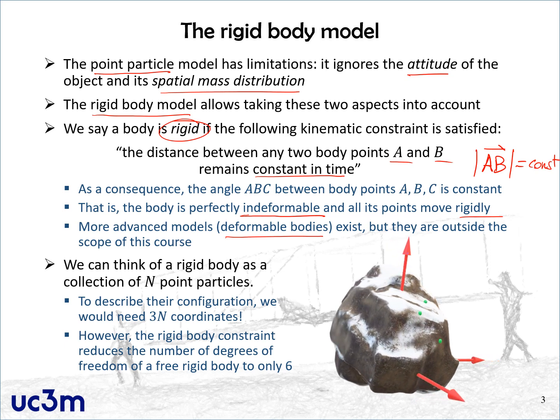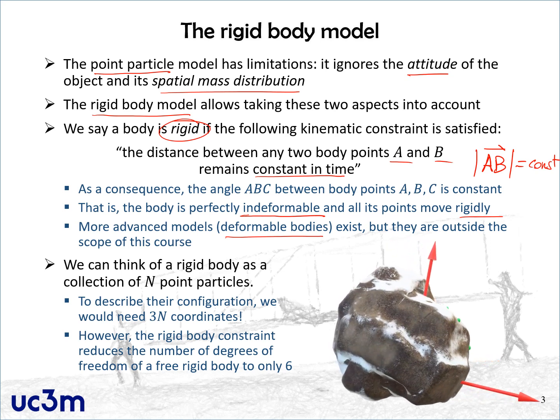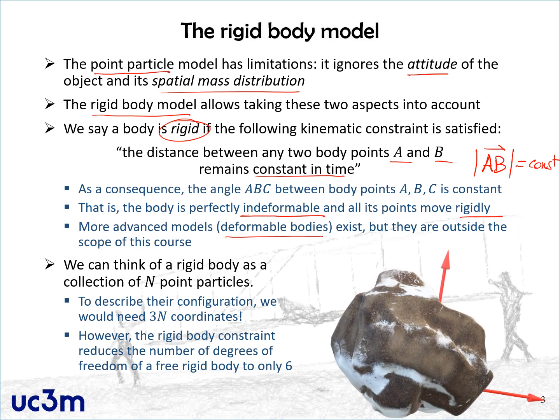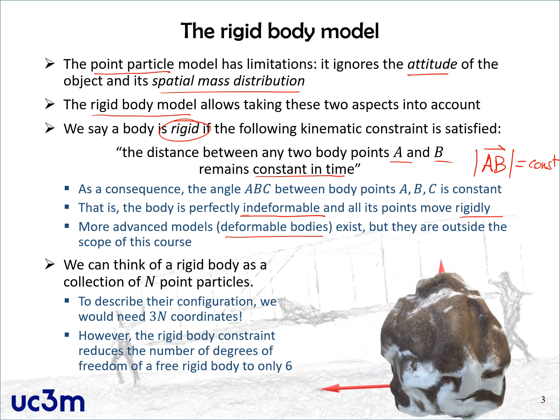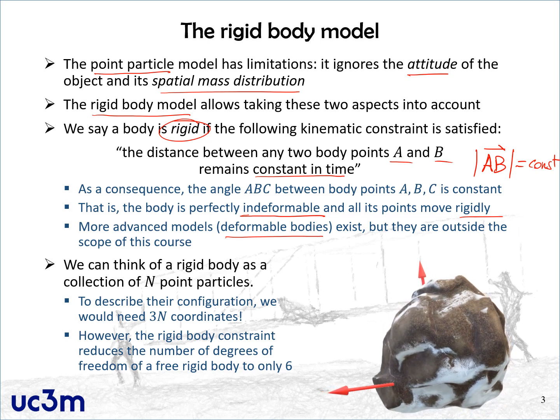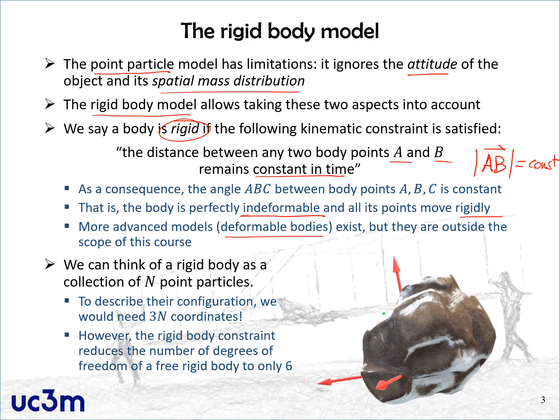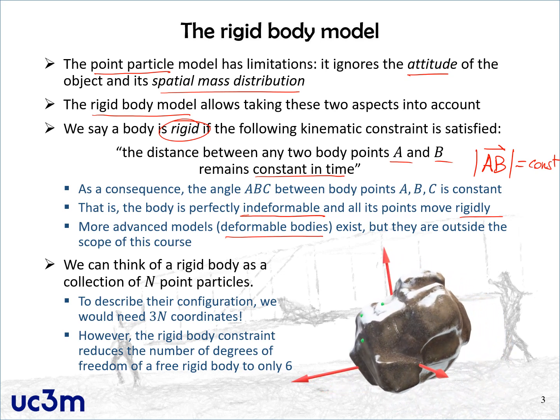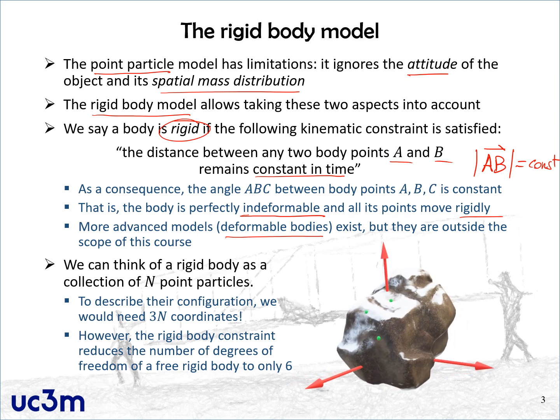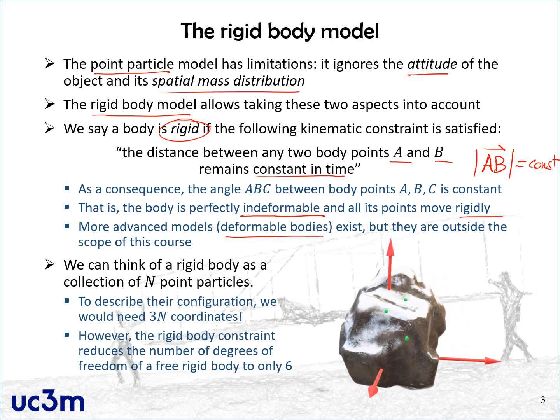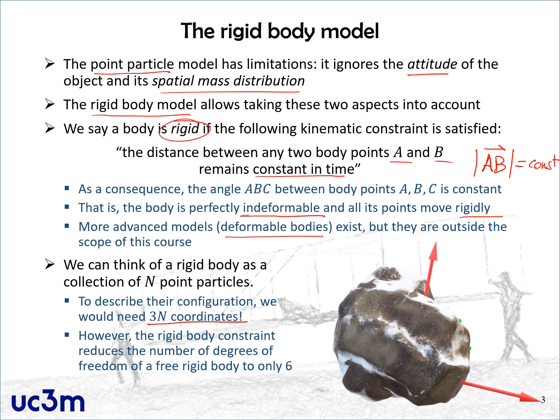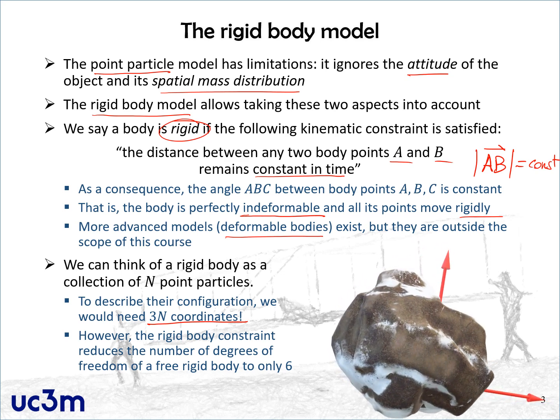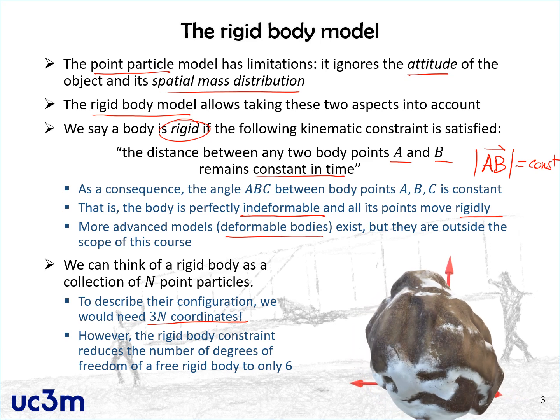Now, a rigid body can be considered as a collection of a very large number of particles. You can discretize, for example, this rock over here into many tiny particles, where n is the total number of them. In principle, we would need 3n coordinates to describe the kinematics of this system, to describe the configuration of all these particles.